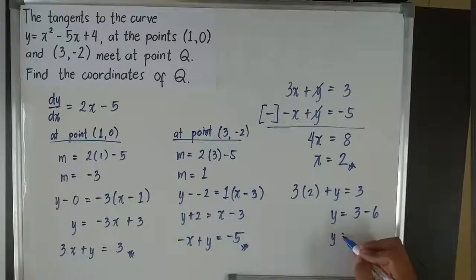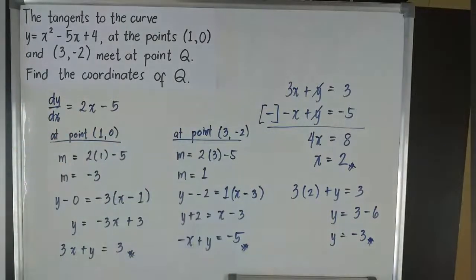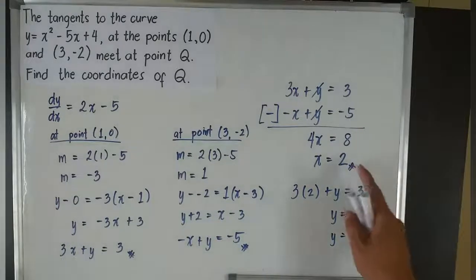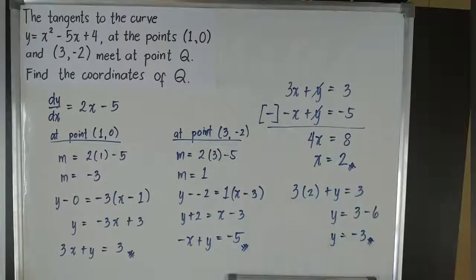So y is equal to -3. So this is the y coordinate. The coordinates of point Q are (2, -3).